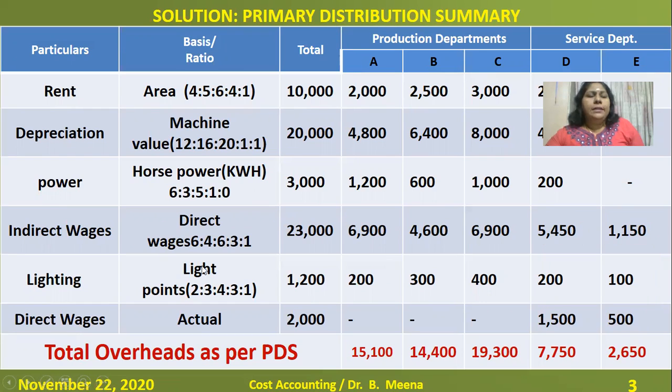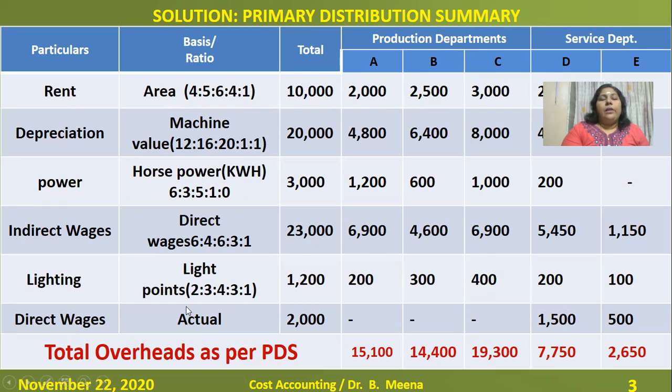So lighting, I can divide, the basis is light points. So I wrote the ratio, and out of 1200, how to apportion between A, B, C, D and E? So this 2 plus 3, 5, 5 plus 4, 9, 9 plus 4, 13. Okay, so 2 by 13, 3 by 13, 4 by 13, 3 by 13, 1 by 13. Out of 1200 means I'll get these values.